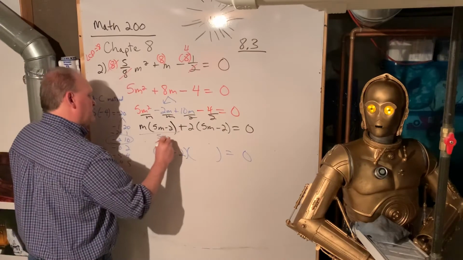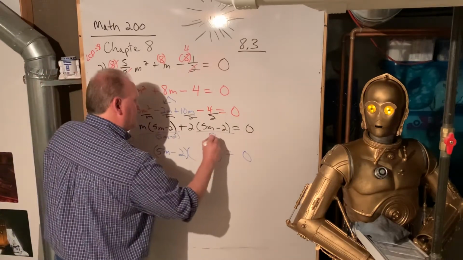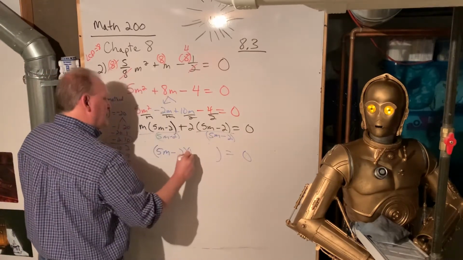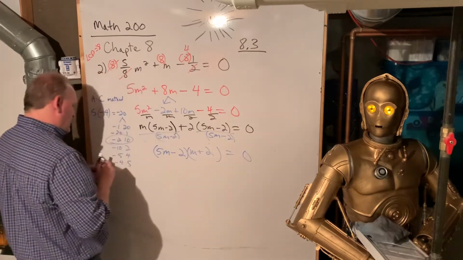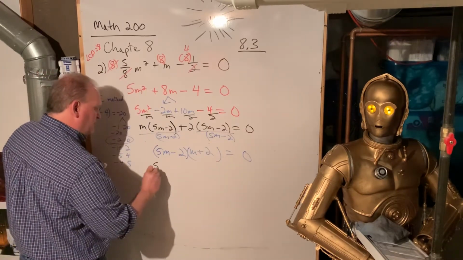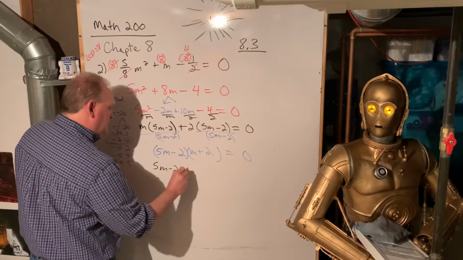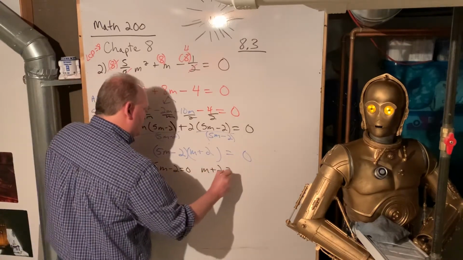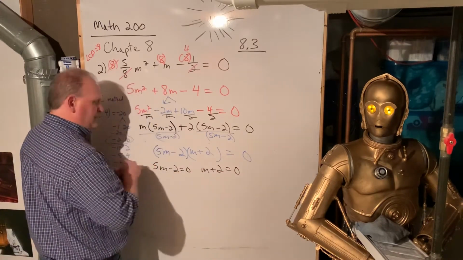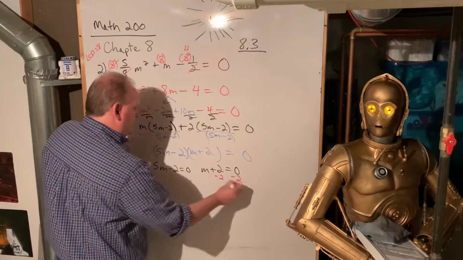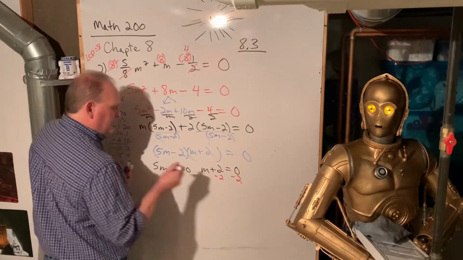And then we're going to be left with m plus 2. So here are my two solutions. I got 5m minus 2 is equal to 0, and I got m plus 2 is equal to 0. This one's easy peasy, minus 2, and m is equal to negative 2.